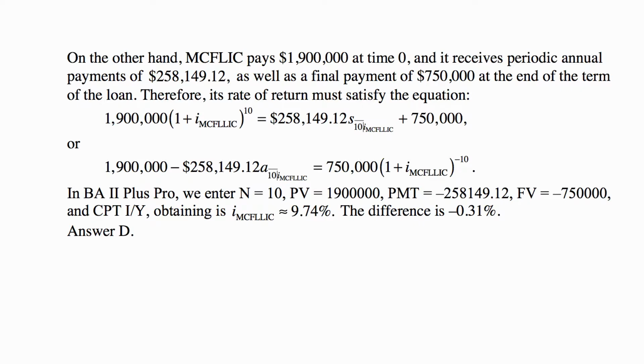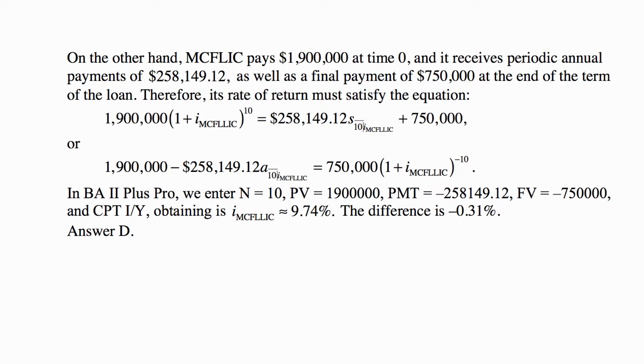Then we can rewrite it also as 1,900,000 minus the present value of the payments equals 750,000, which is paid at the end, but discounted over 10 years. And this gives us a way to enter this into the BA II Plus Pro or the other calculator that you use.